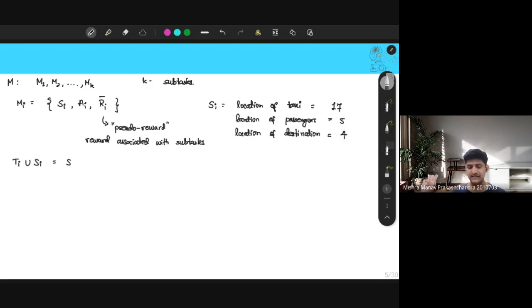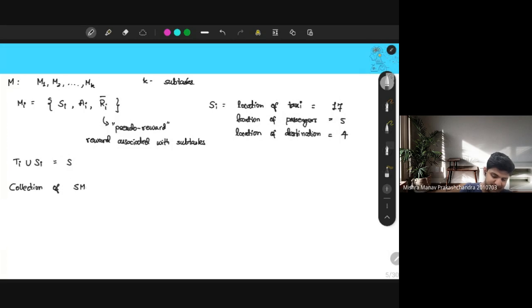Secondly, you can think of each subtask as a collection of semi-Markov decision processes, or a collection of SMDPs. So if I define the SMDP part, the ith subtask can be represented by the states Si, actions Ai.